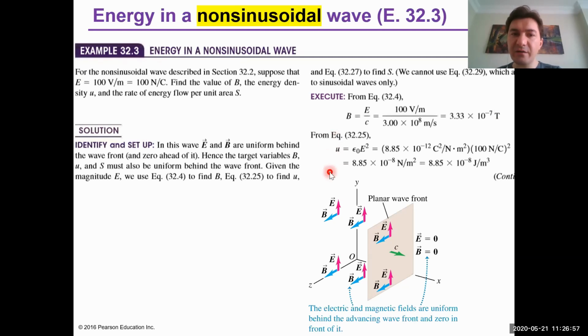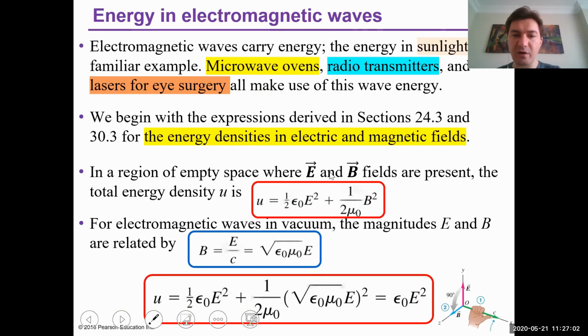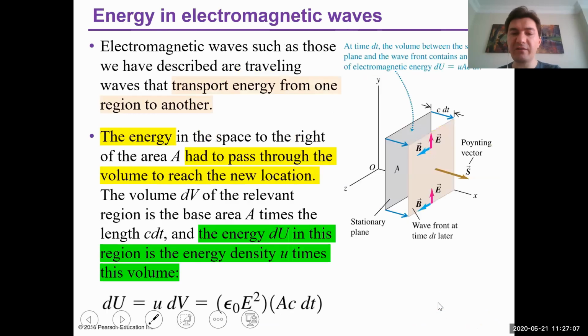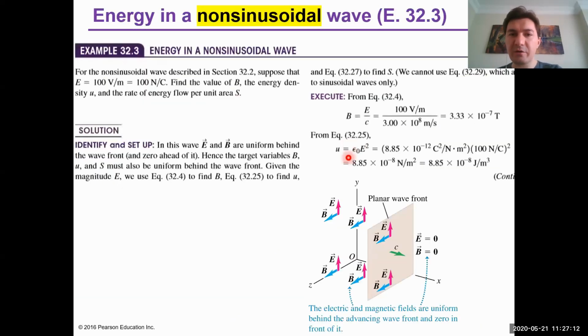Energy density is given with that expression we have calculated. Look at this one. This is the energy density, epsilon 0 times E square. Epsilon 0 is constant, put it there, and E is given, put it there, take the square of it. Finally, energy density is 8.85 times 10 to minus 8 joule per cubic meter, energy per volume.